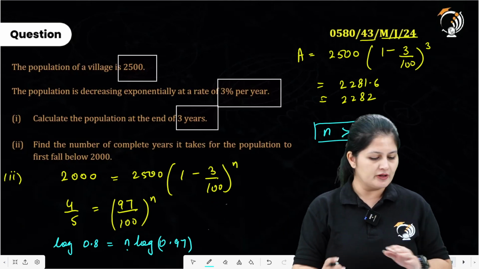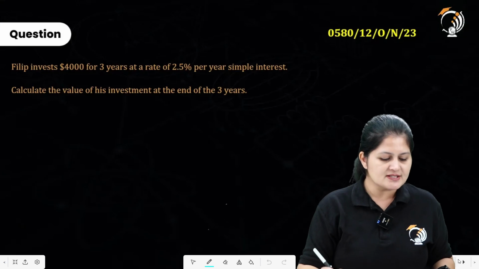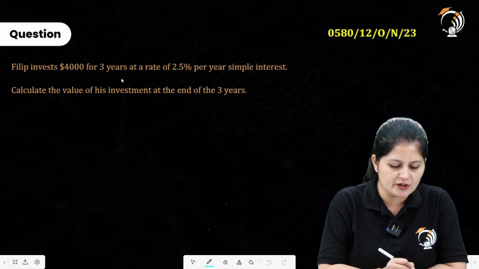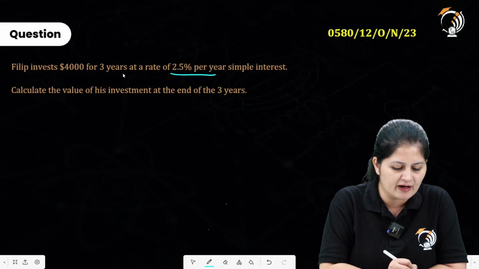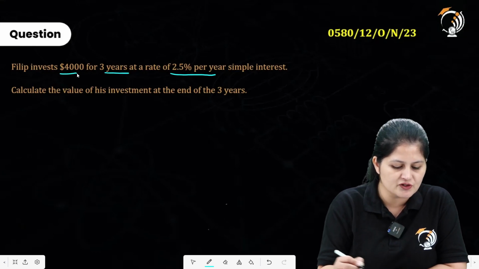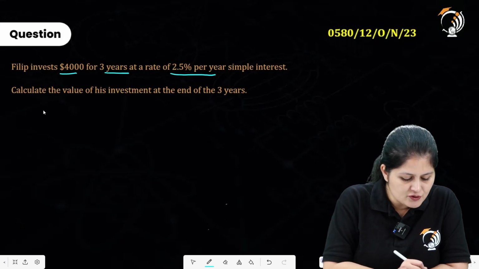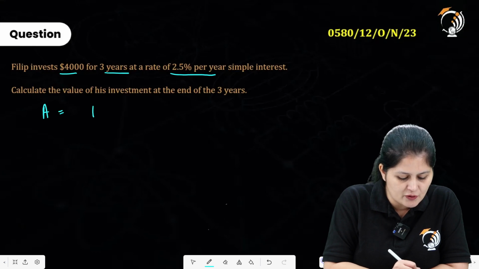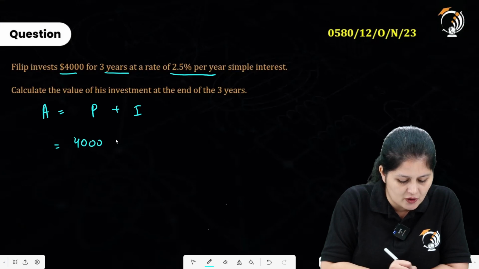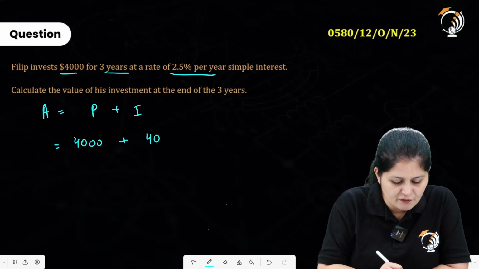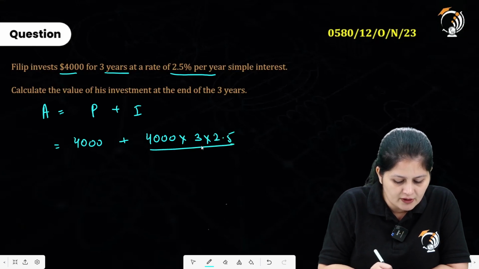Clear? Moving to the next question, which says Philip invests $4,000 for 3 years at the rate of 2.5% per year, simple interest. We need to find out the value of his investment after 3 years. The amount is going to be principal plus the interest. So here the principal is $4,000 plus the interest, which is 4,000 multiplied by 3 multiplied by 2.5 over 100.